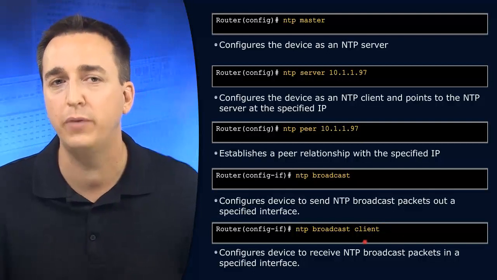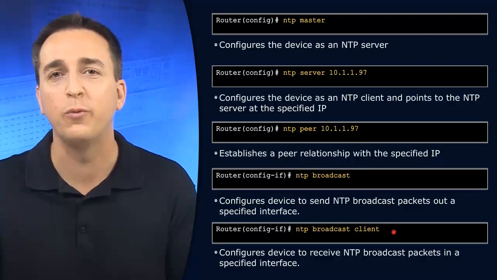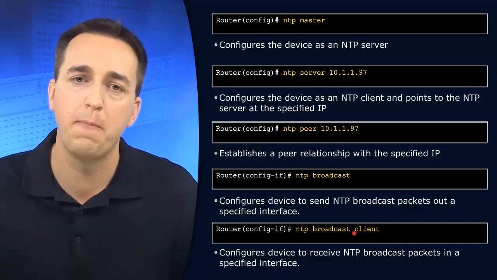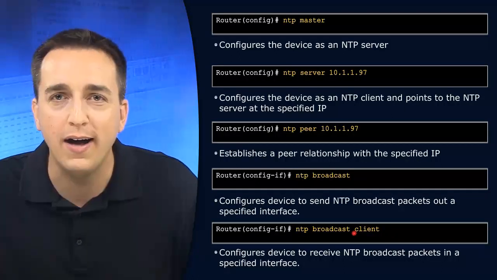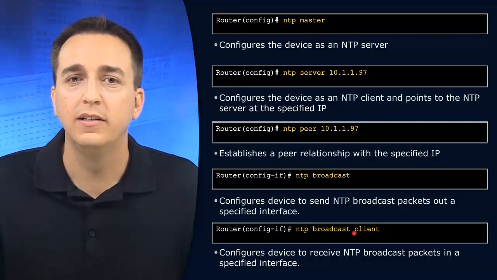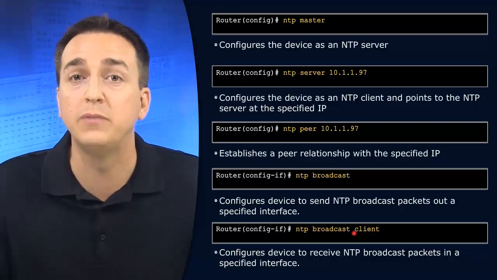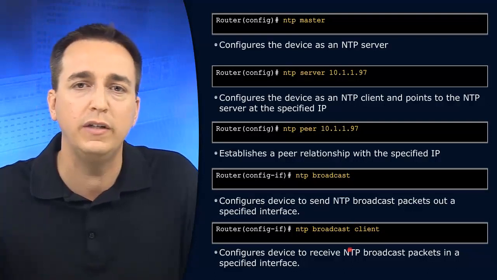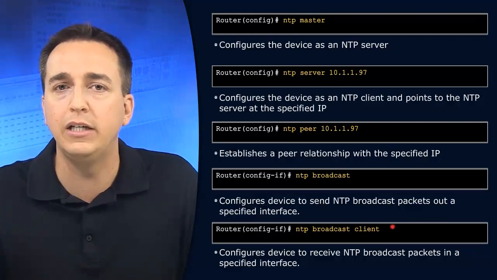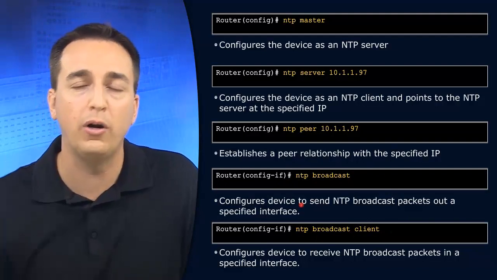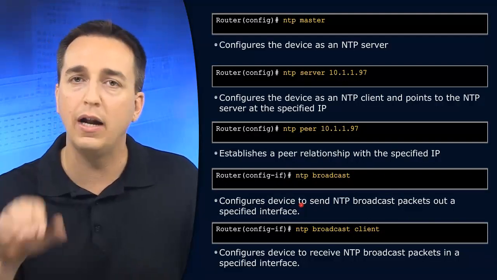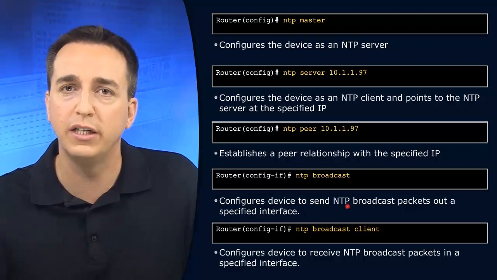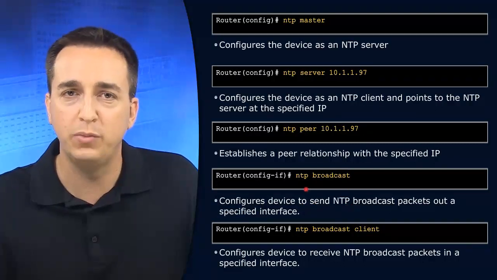So this would be the command that we'd use on a router if we are expecting a router to synchronize its time using NTP broadcasts. On a Windows box, Linux box, it'd be slightly different commands based on the implementation of this feature on those devices. But this broadcast feature is really good for the end stations in the organization. We can simply set up our environment so that we can send the broadcasts out those interfaces down the local area network, and then our clients will be able to synchronize their time with this particular time server.